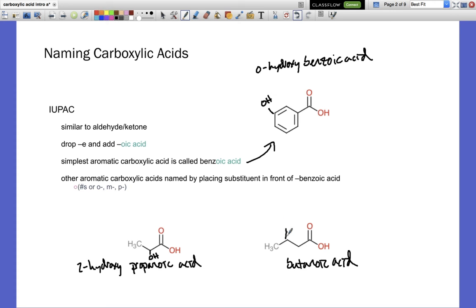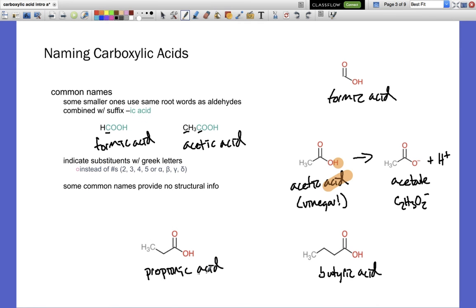If I was to add a methyl to this butanoic acid on this carbon here, I'd call it a 3-methyl butanoic acid. The difference being, if I say propionic acid or if I say butyric acid, I can't use numbers. I have to use Greek letters, which is kind of confusing. So I'm looking right here because it says 2, 3, 4, 5 or alpha, beta, gamma, delta.